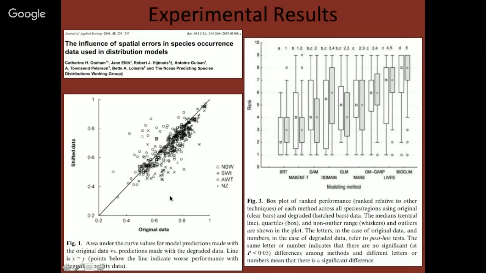In this lower left-hand panel, you can see a graph of the original data and their performance in terms of receiver operating characteristic area under the curve. And on the vertical axis, you can see the performance of the model for the same species, same region, but when the data had had error introduced.